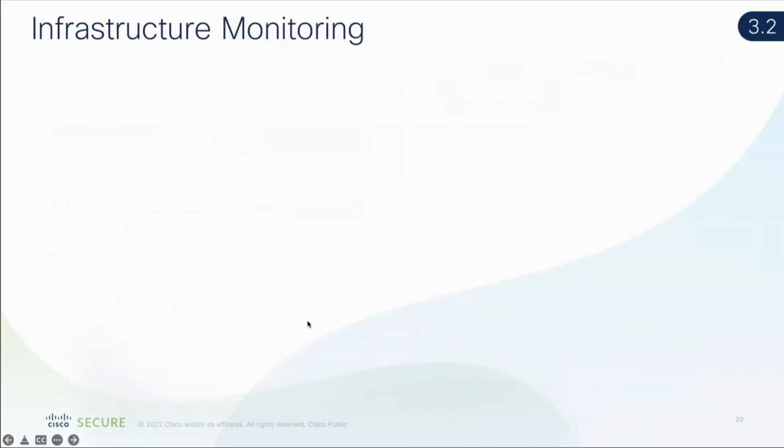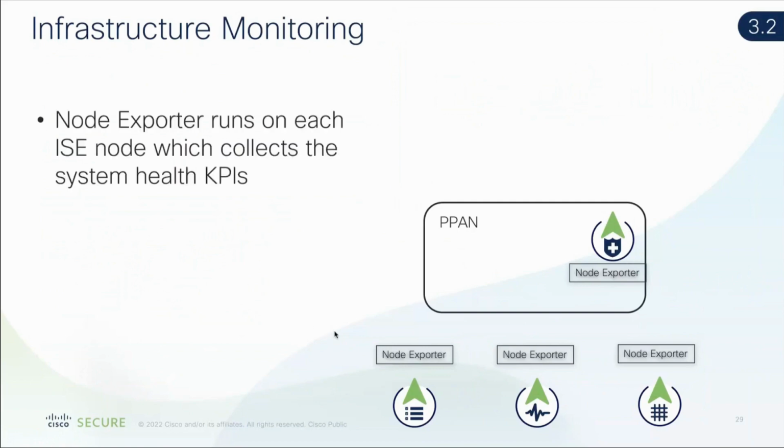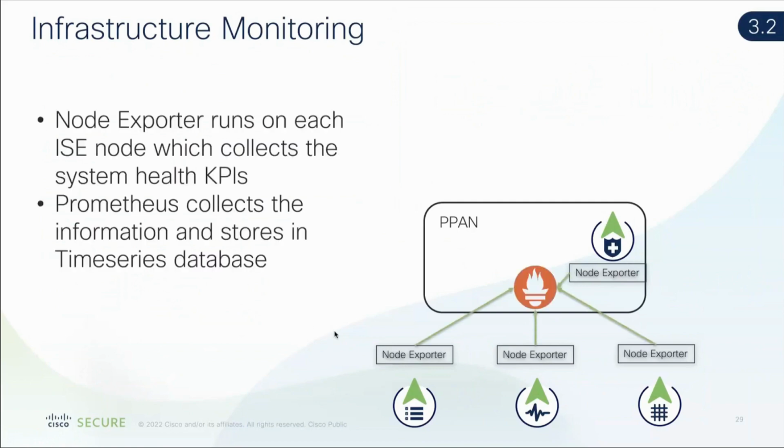Now, I wanted to show you how it works behind the scenes. Basically, the node exporter is a process running on each and every node in your ISE deployment. Be it a PAN, a PSN, an MNT, or pxGrid, whatever it is, the node exporter is going to be running on each and every node instance. It gets the KPIs from the system health information, and Prometheus is the one which collects all the information from each node exporter.